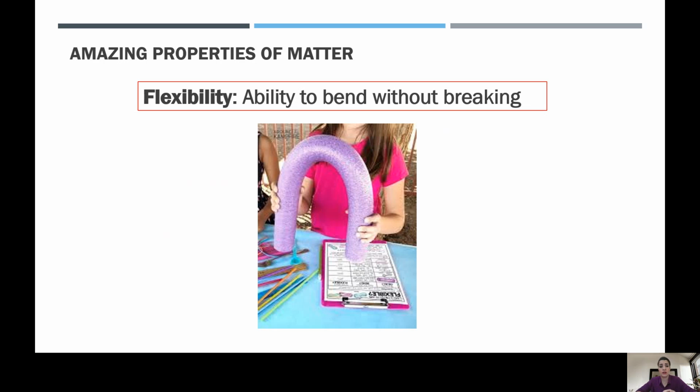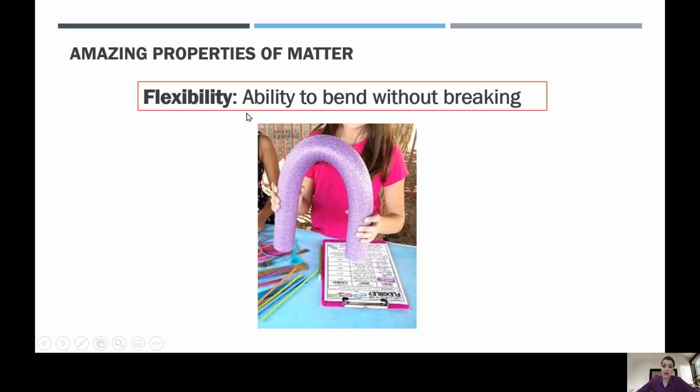The next thing that we will describe is another physical property of matter called flexibility. Flexibility is the ability to bend without breaking. As you can see in this foam tube, the lady is able to bend it, to change its shape without breaking.